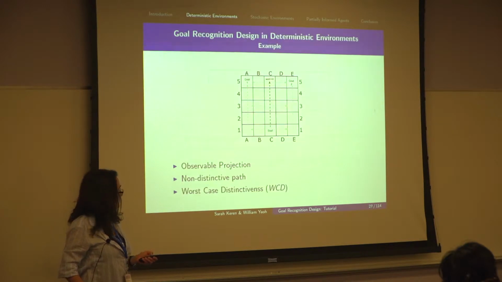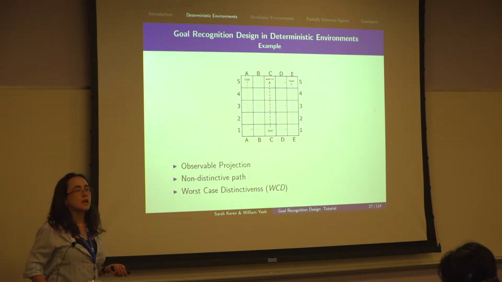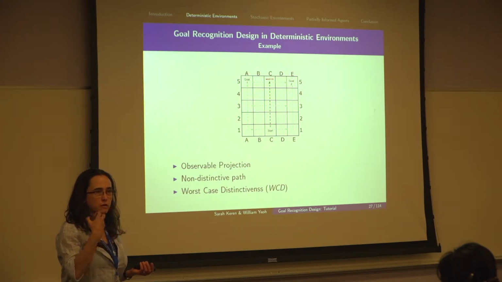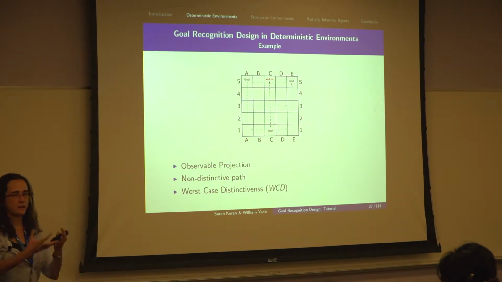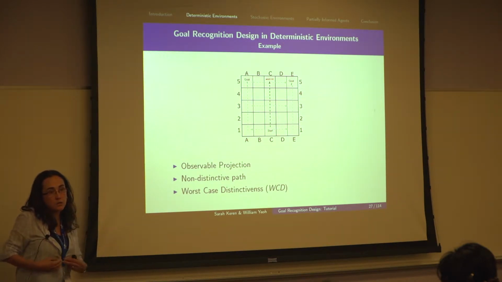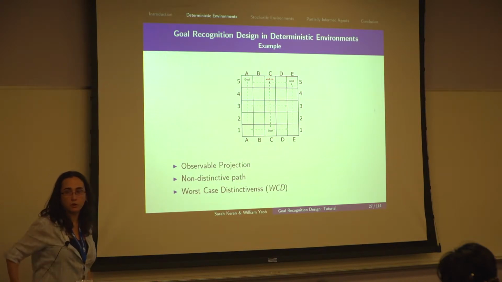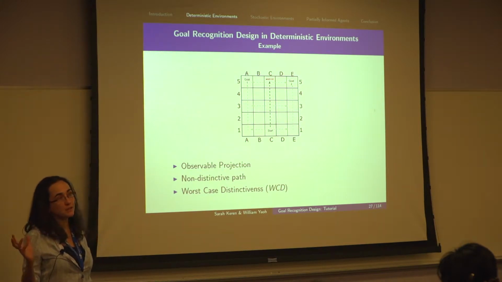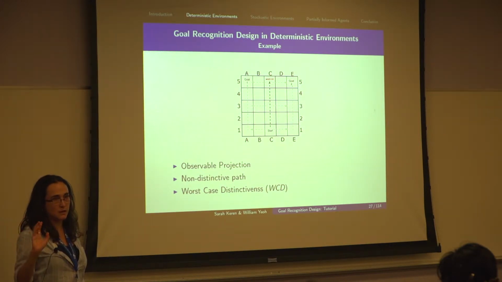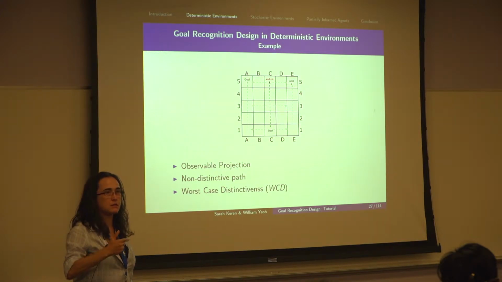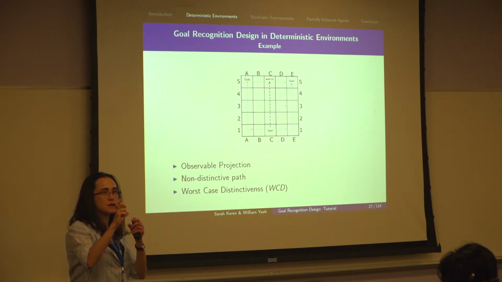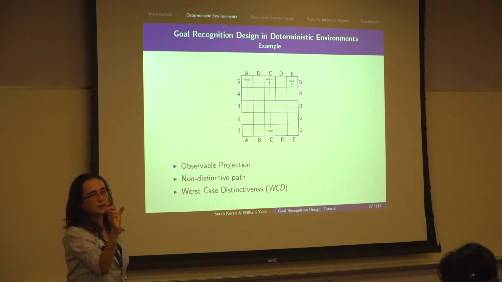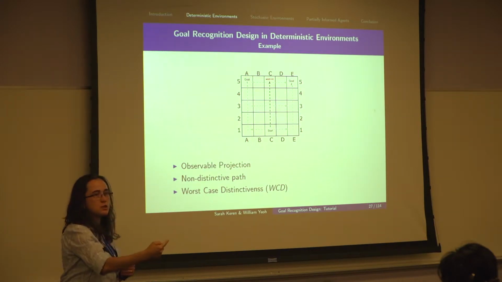So why do you want the worst case? That part isn't clear to me. What we want is a measure of how good an environment is. So we're doing offline design. We are analyzing an environment. And you're right, why worst case? William is going to talk about different measures. But our motivating example was basically a security setting where, if we minimize the worst case, then we're maximizing the distance between the goal and the furthest point the agent can reach without us knowing what the goal is.